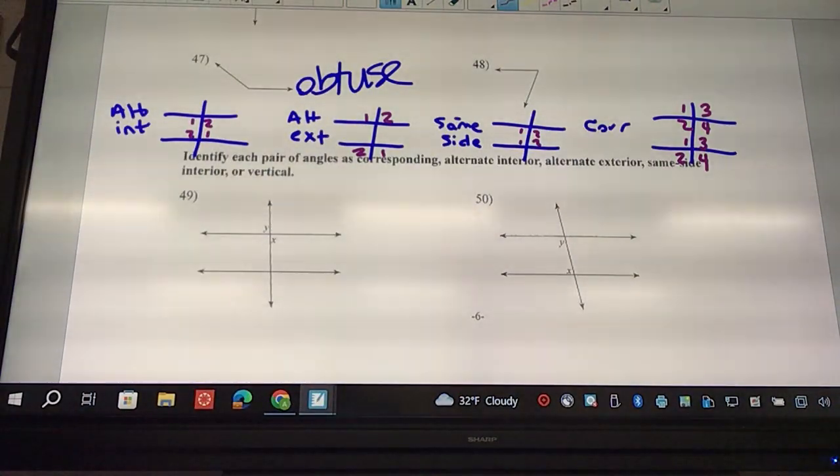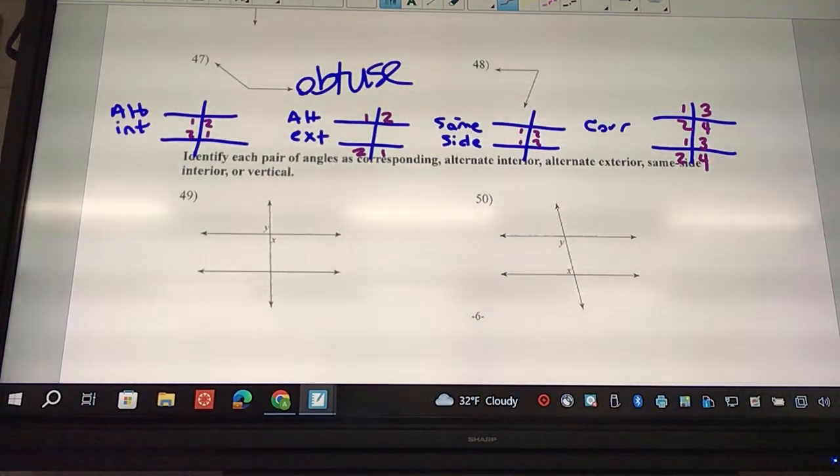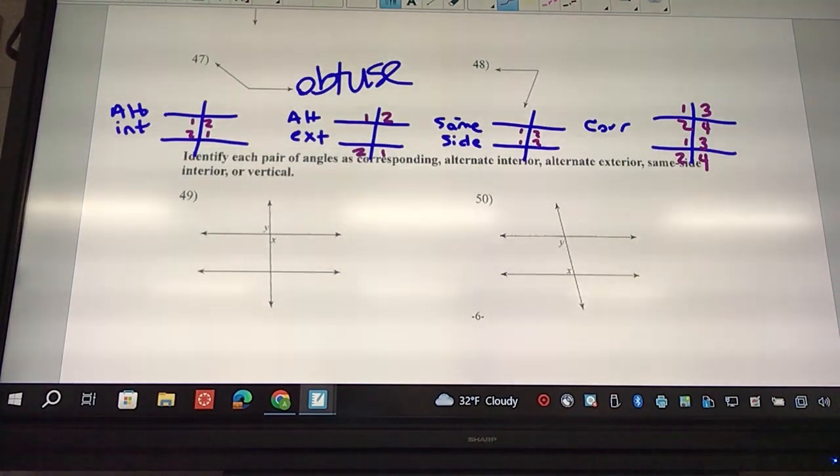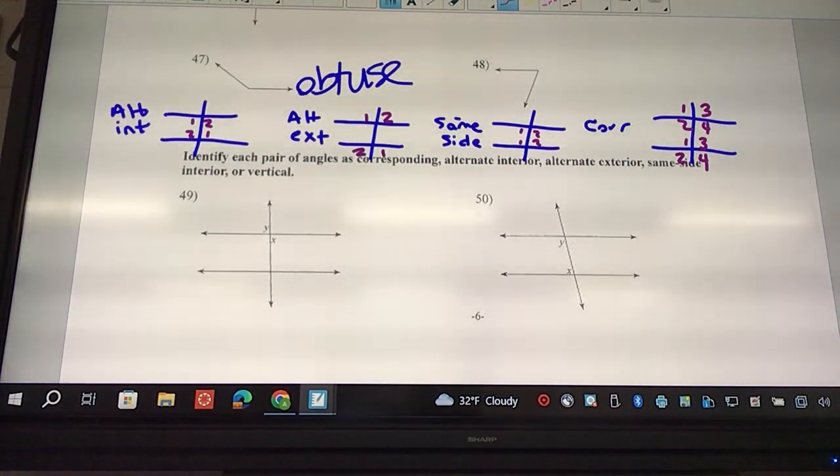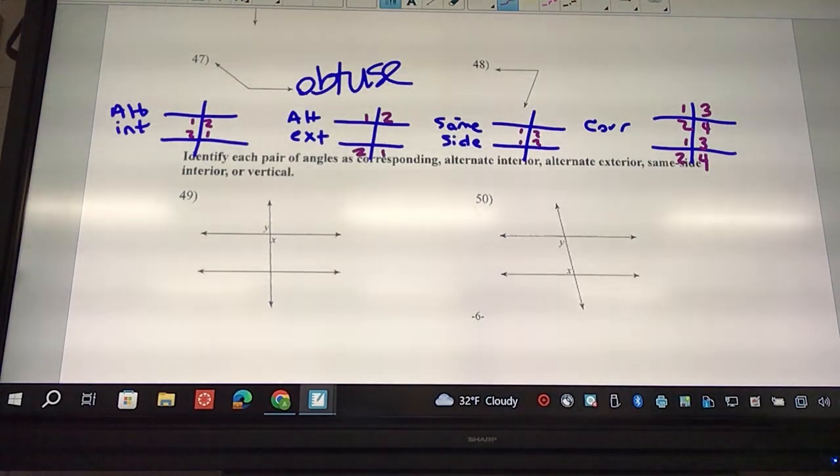Which one is one outside, one inside? That's going to be the corresponding. So that's a good note: if you have one inside and one outside, maybe put that by corresponding.